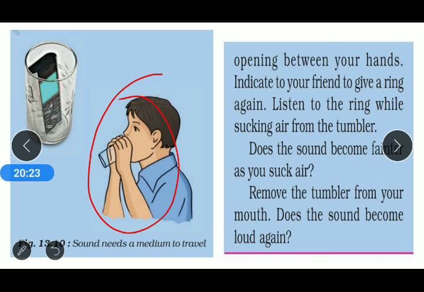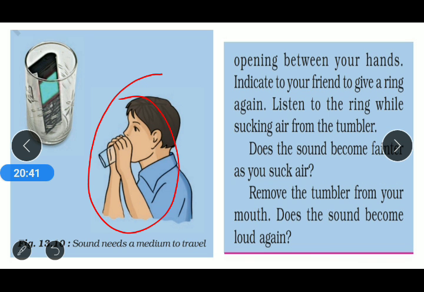When we listen to the sound in that case, we find that the intensity of the sound decreases a little bit.